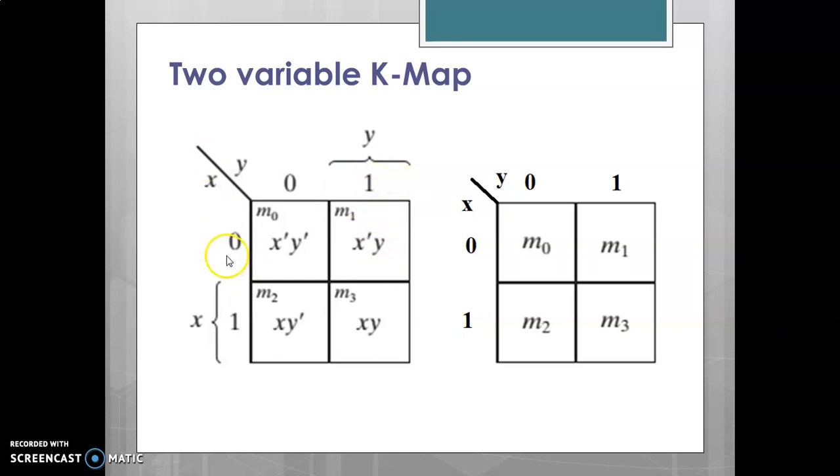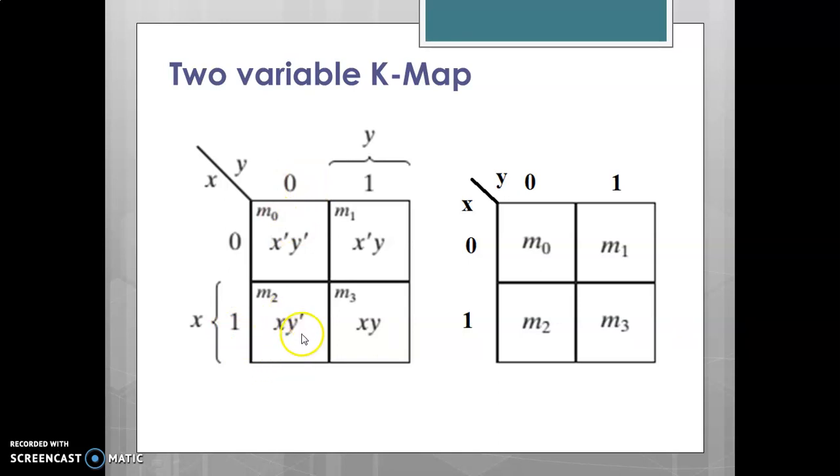Since x is 0 here, we denote it by x prime, x bar. And since y is 0 here, we denote it by y prime, y bar. So x bar, y bar is represented in the first cell. Since x is 0 here, it is x bar, and y is 1 here, it is y. So this cell corresponds to x bar, y. Similarly, x is 1 here and y is 0 here.